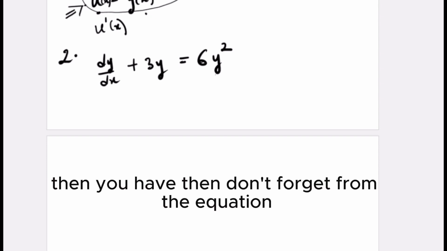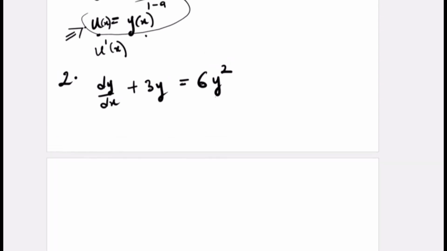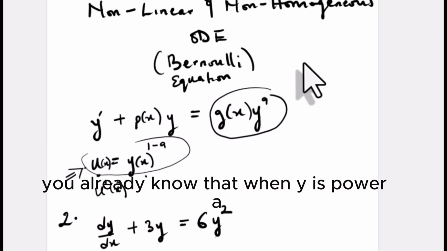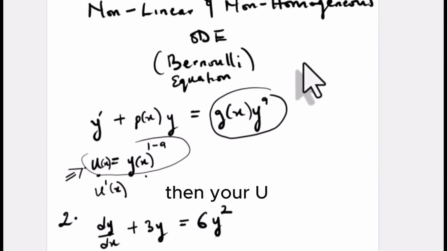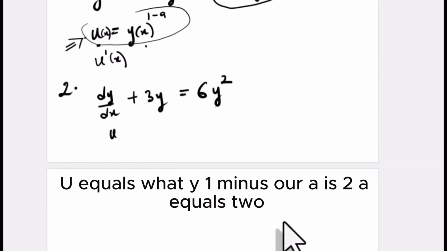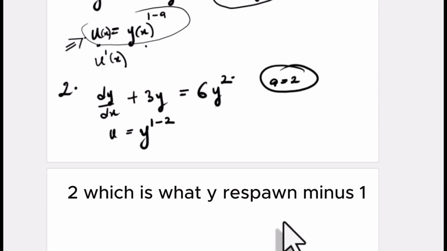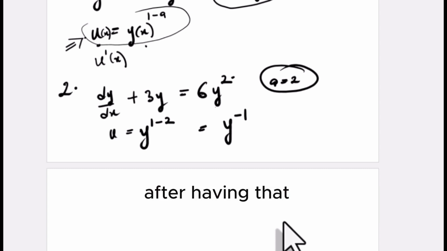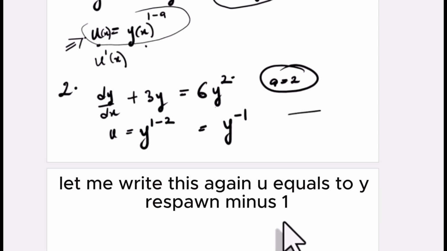Then don't forget from the equation, you already know that when y is raised to power a, then your u, so let's write that first so we don't forget. u equals y^(1-a), our a is 2, so a equals 2, which is y raised to power minus 1. So u equals y raised to power minus 1.